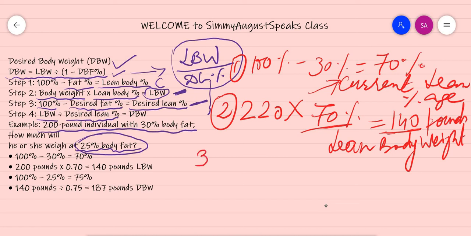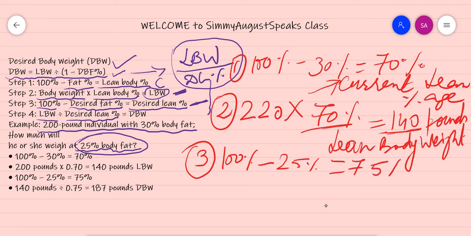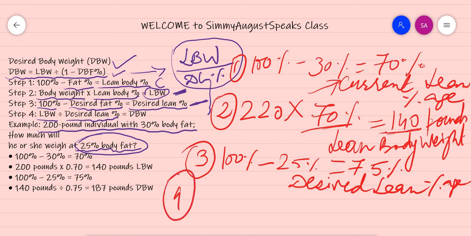Now the third step is, from 100% you will minus the desired fat. Desired fat is 25%. It comes to 75%. So what is 75%? Desired lean percentage. Fourth step is to divide the lean body weight by desired lean percentage.